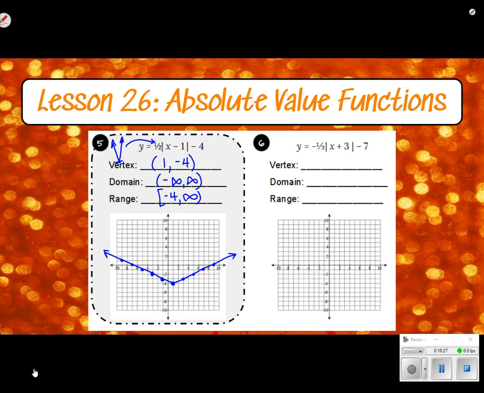Okay, you're back. So, -3, -7 is our vertex. -3, -7, right there. Domain is negative infinity to positive infinity. This is going to open down because it's negative. That means it goes from negative infinity all the way up to -7.